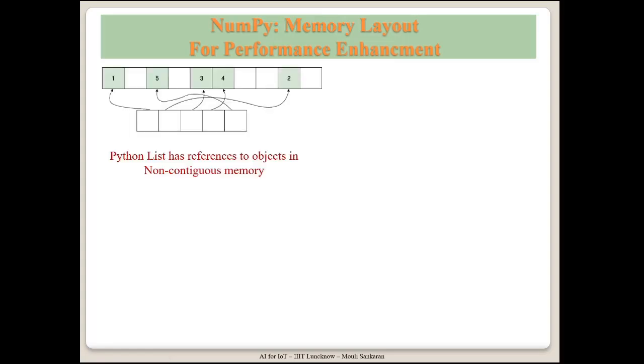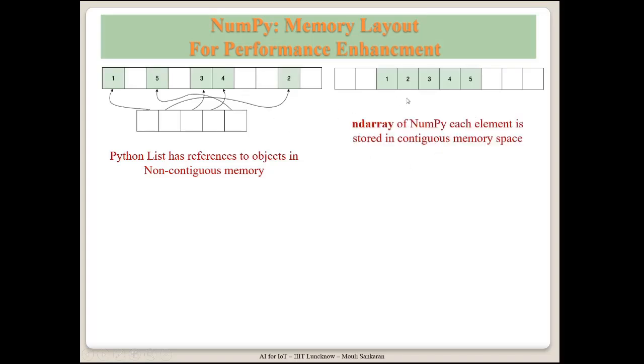Okay, now how is it improving the performance? I said that it is implemented in C. That doesn't only limit it. I also mentioned that it has to be in contiguous space. So not like a Python list, all the elements are arranged in contiguous memory.